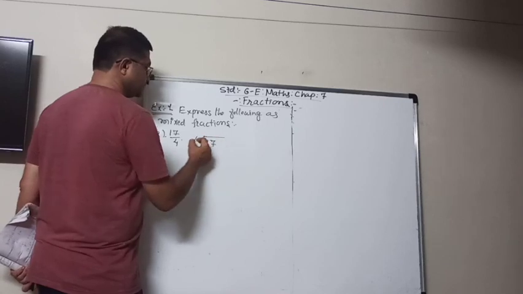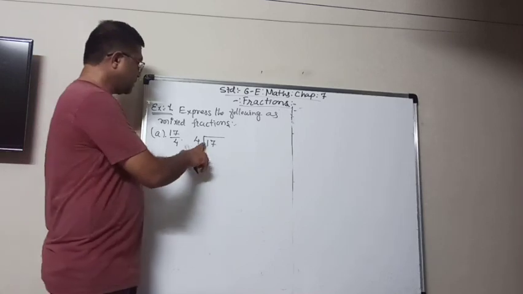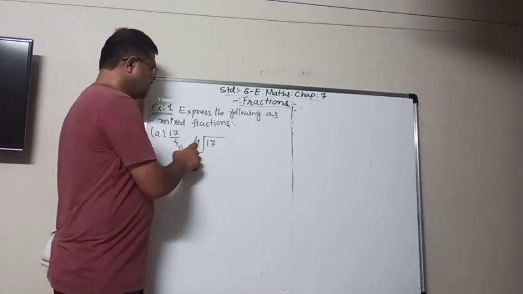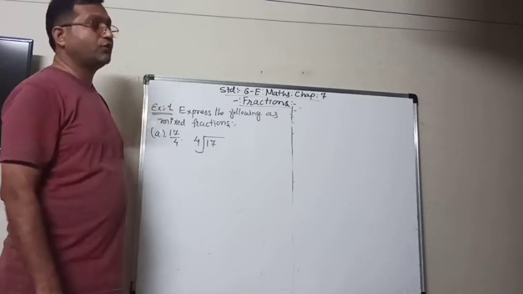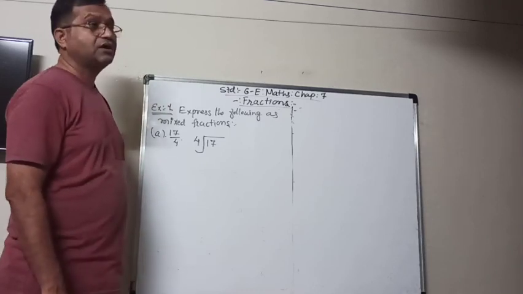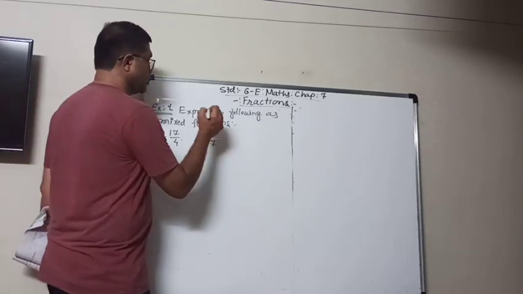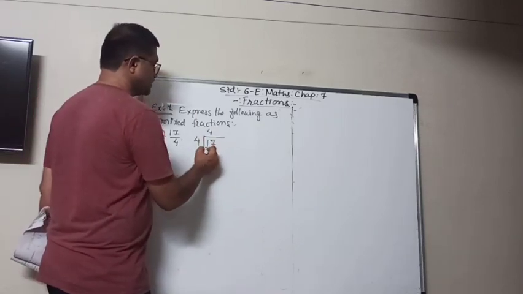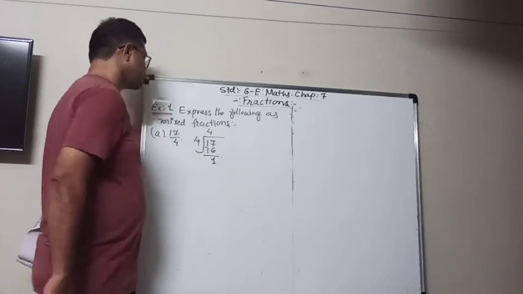17 will be divided by 4. So numerator is divided by the denominator 4. So now we know that 4 5s are 20 is more than 17. So we have to take 4 4s are 16. 17 minus 16 is equal to 1.